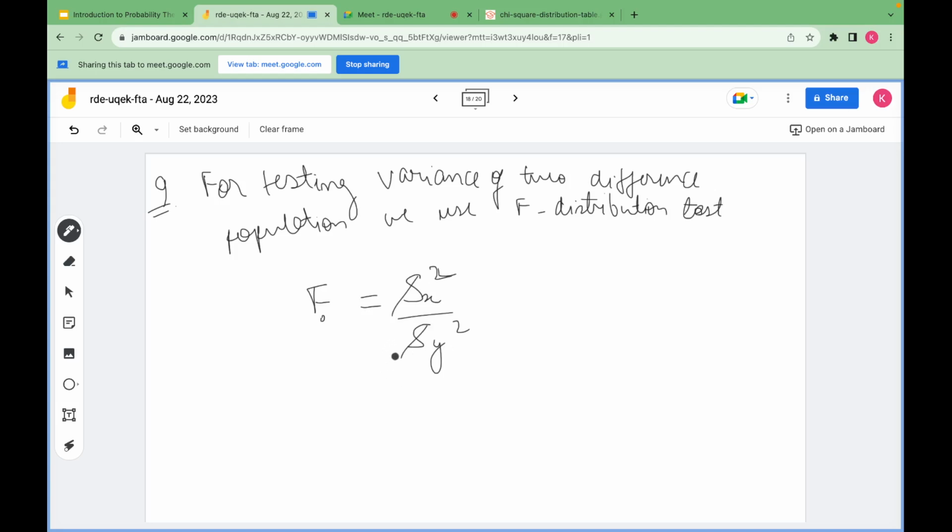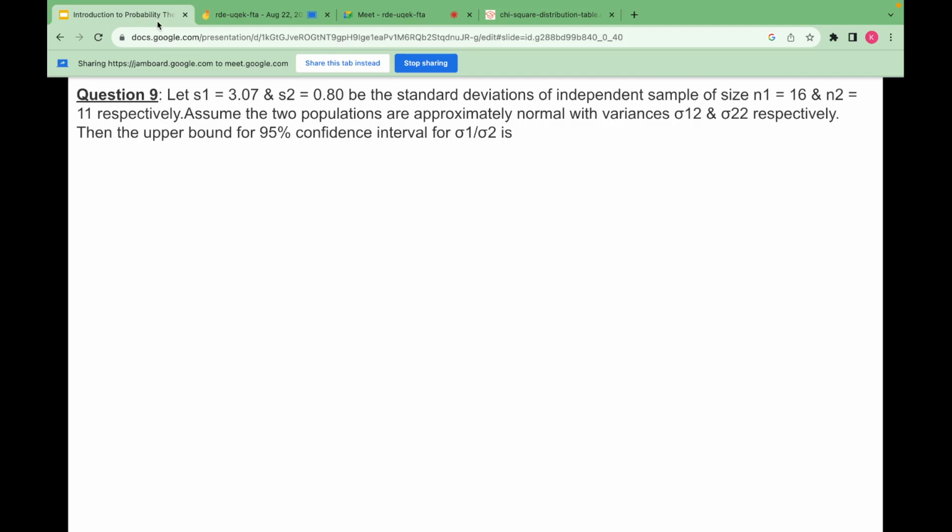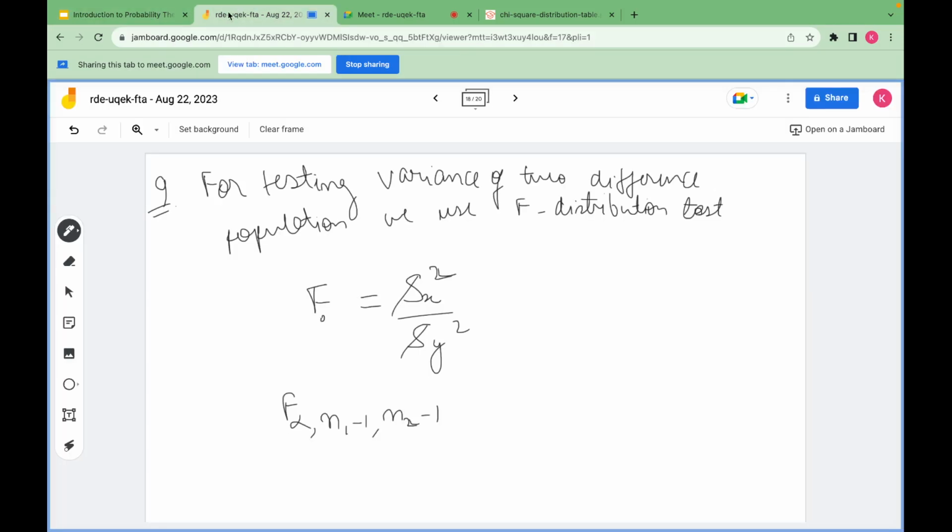Now the corresponding value to evaluate the critical region is F alpha, n1 minus 1, n2 minus 1.